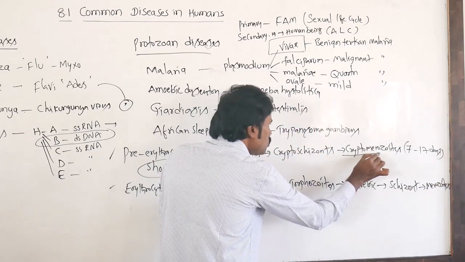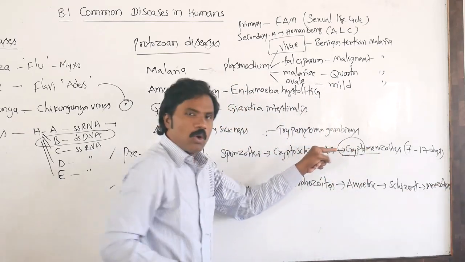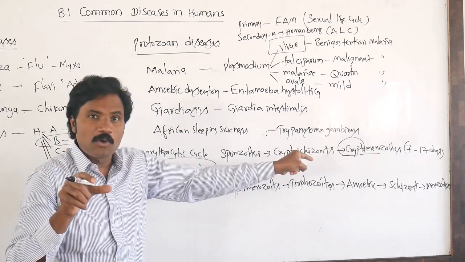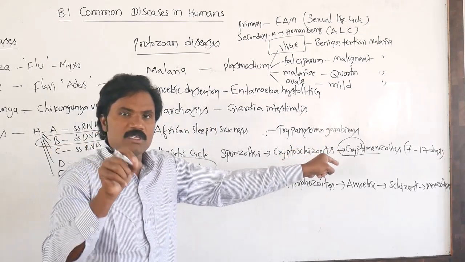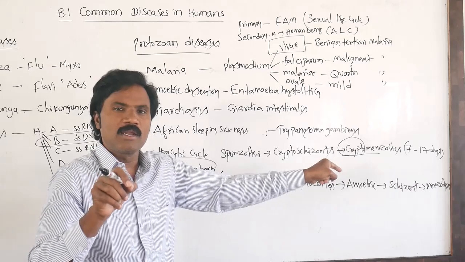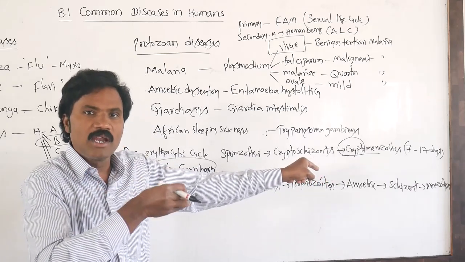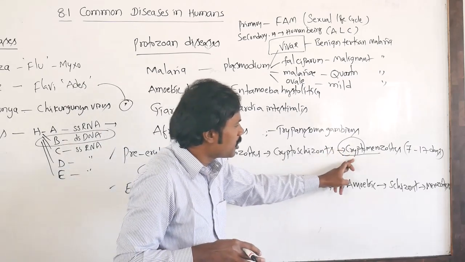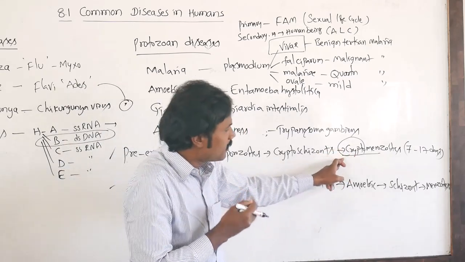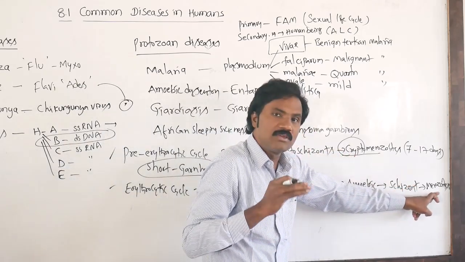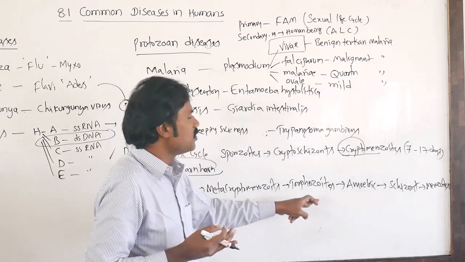Whenever the term crypto appears, that particular stage of Plasmodium completes inside the liver only. Without crypto, the merozoites relate to the RBC only.